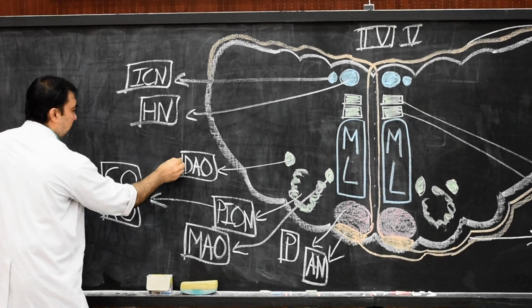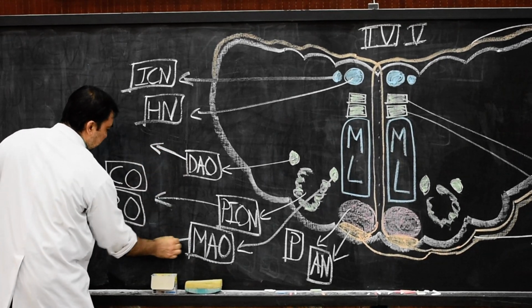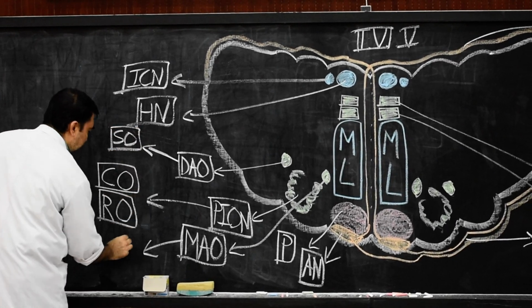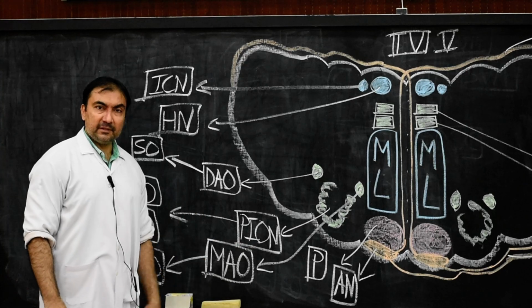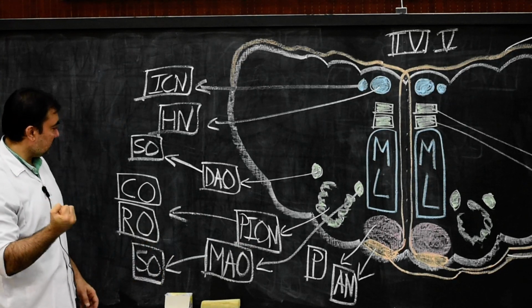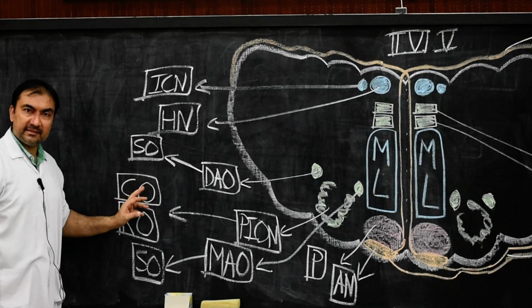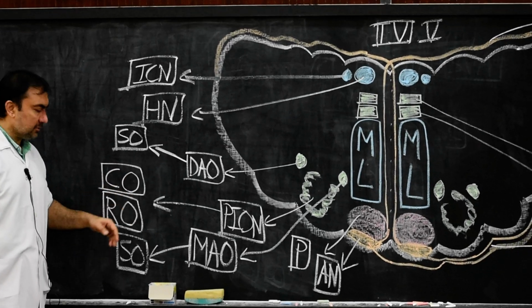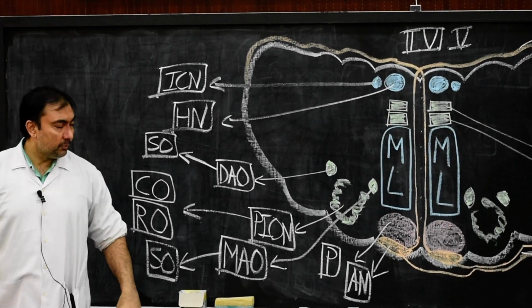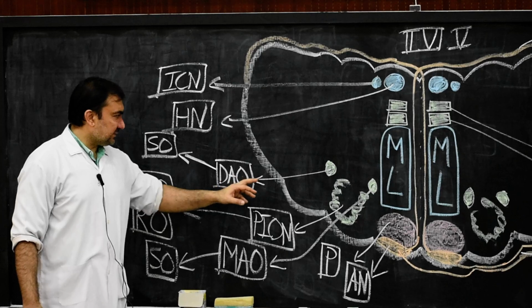So the principal inferior olivary nucleus will receive fibers from the cerebral cortex, cortico-olivary, and the red nucleus, rubro-olivary.